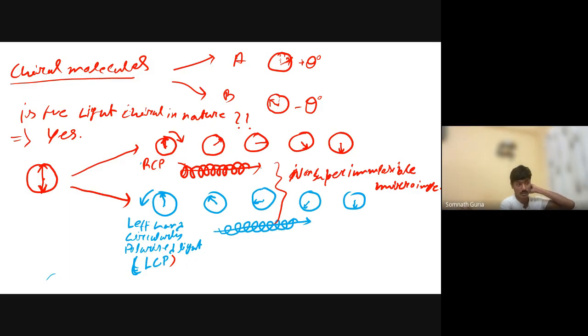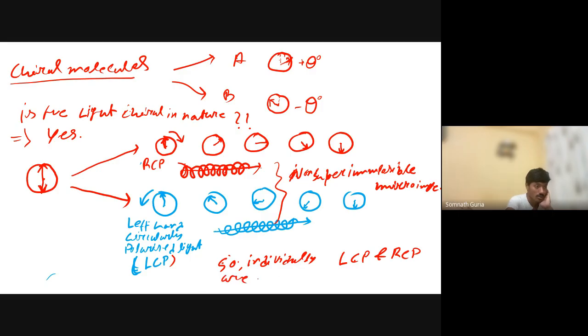That means my left-hand circularly polarized light is a non-superimposable mirror image of the right-hand circularly polarized light. So this LCP and RCP are chiral in nature. Individually, LCP and RCP are chiral in nature.